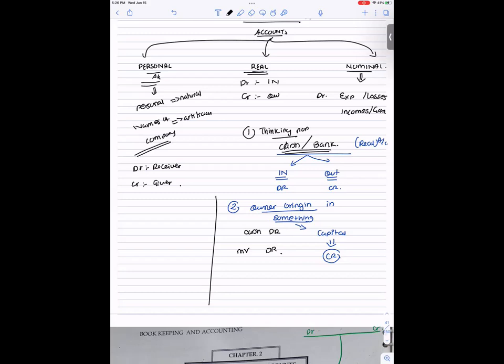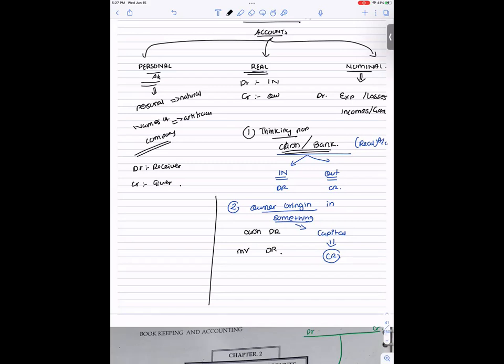Think and answer; there is no award for the one who speaks first. Whatever he brings, debit that asset, and credit capital.